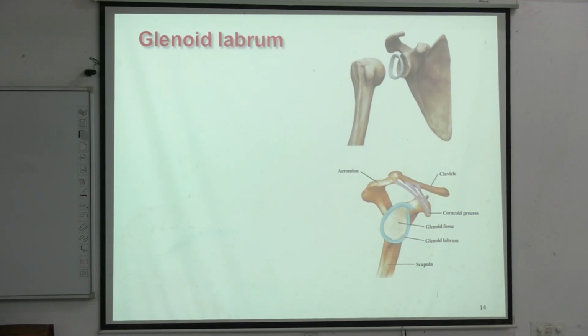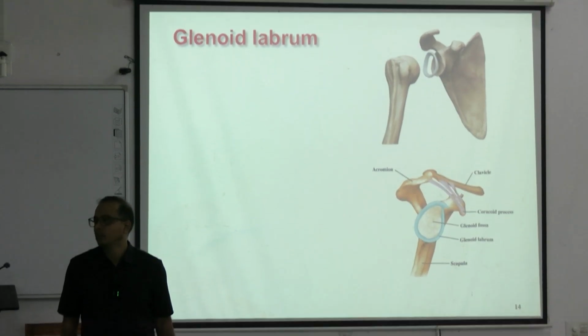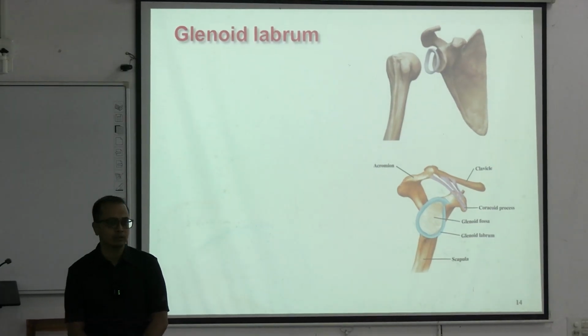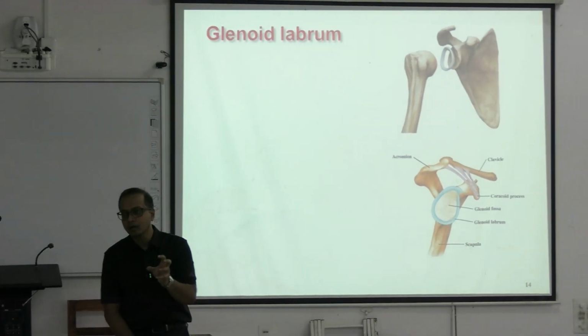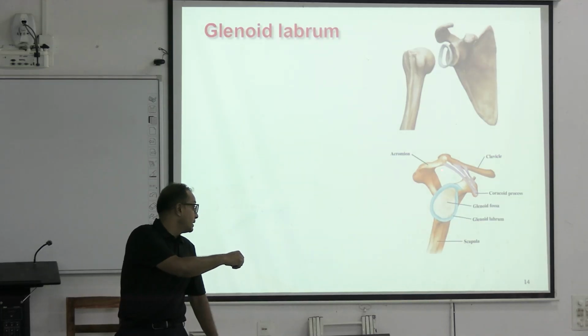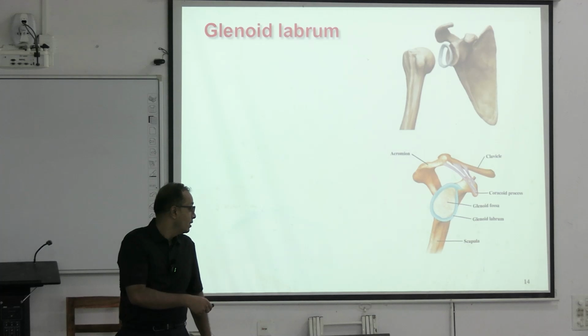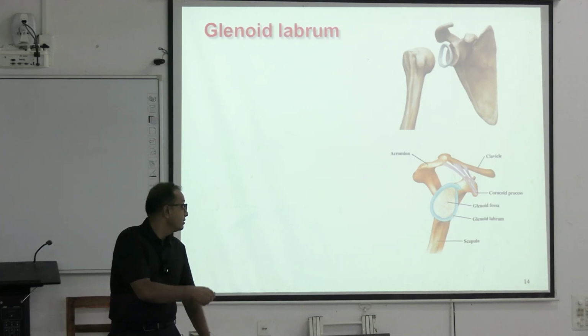Sometimes it comes as a short note. Now, what is the glenoid labrum? It is a kind of cushion. What kind of cushion? It is a fibrocartilaginous cushion. That means this is just like a ring. You see this particular picture? This particular thing is the glenoid labrum.